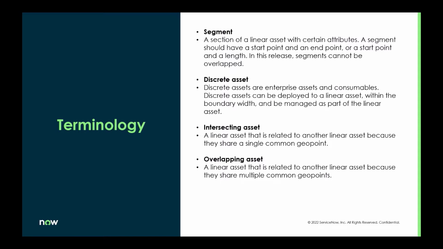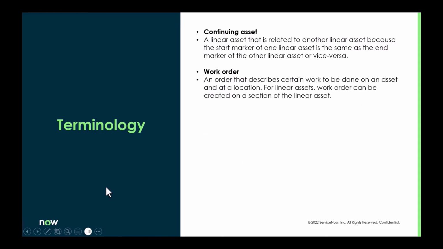An intersecting asset is basically another linear asset cutting through the current asset and sharing a common geopoint. An overlapping asset is related to another linear asset because they share multiple common geopoints. A continuing asset is another linear asset where the start marker of one linear asset is the same as the end marker of the other, or vice versa.